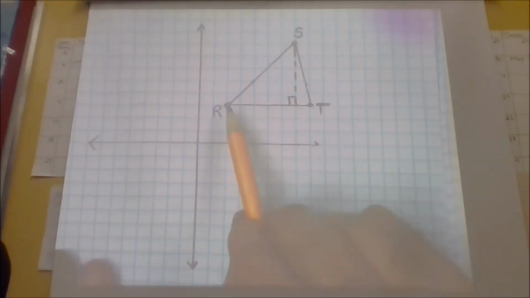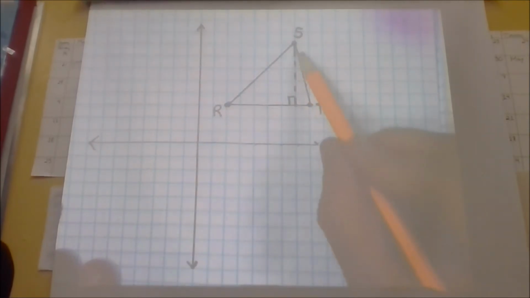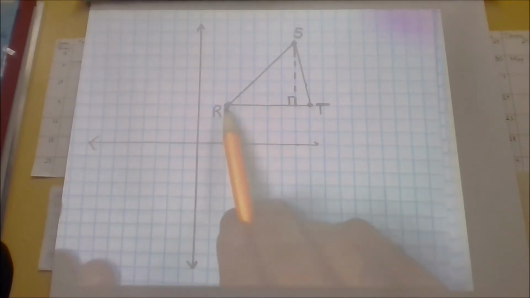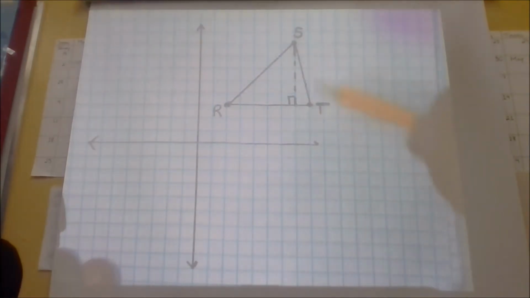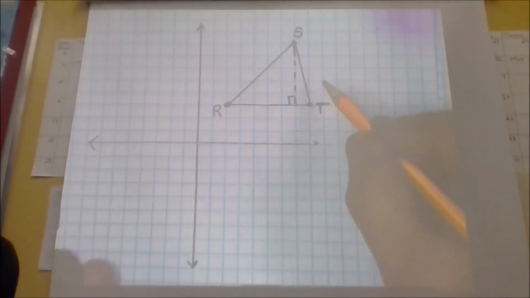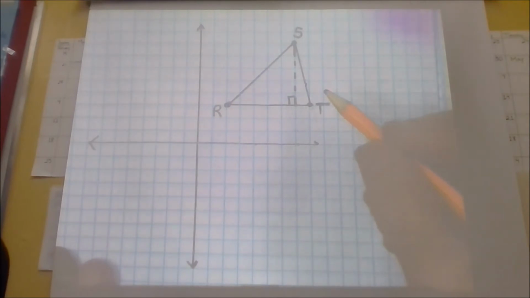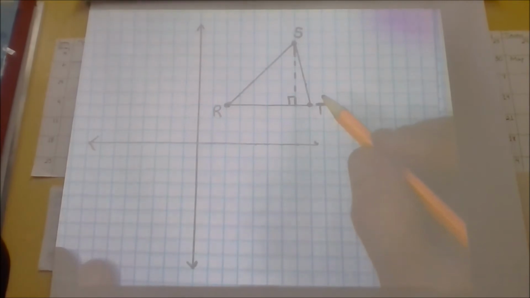The altitude is the line from a vertex to the perpendicular line containing the segment of the opposite side. So if we're going to go from the vertex R, we have to hit ST in a perpendicular fashion. Now we can't just draw that and guess what's perpendicular, but we sure can use the slopes of lines and the slopes of perpendicular lines to find that altitude.